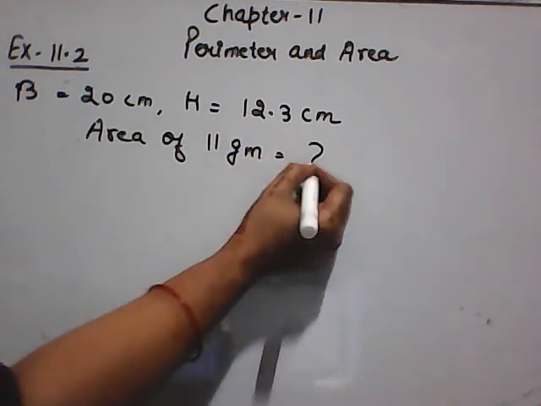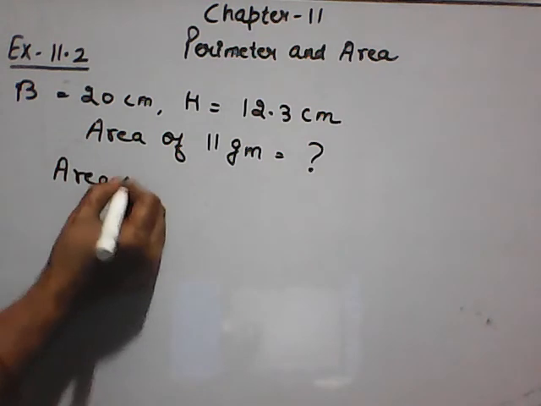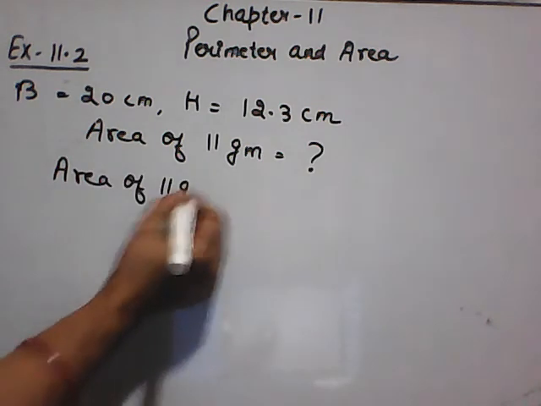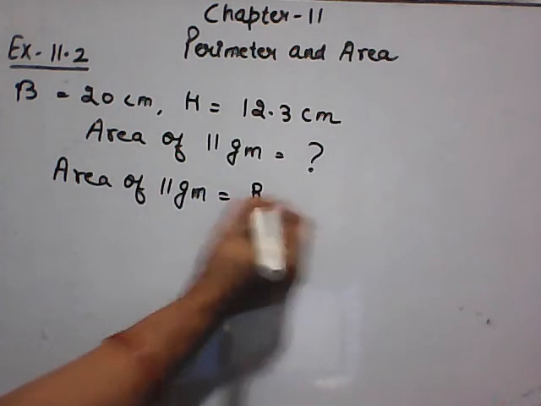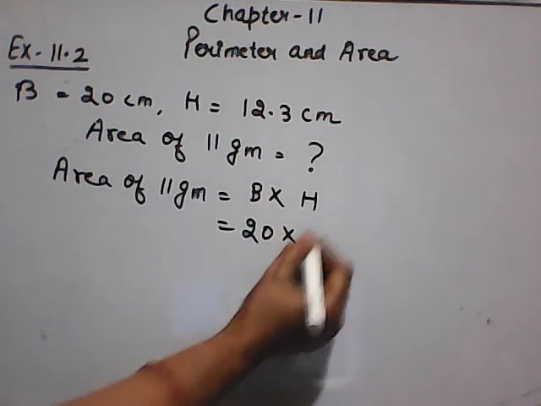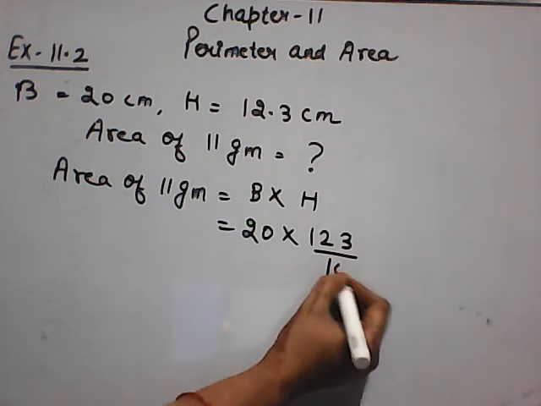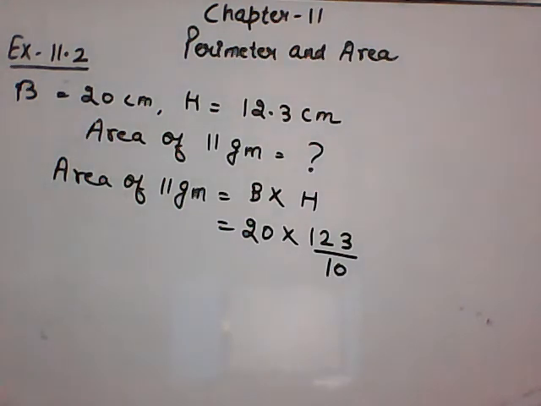Now we know that we can find out the area of parallelogram by using the formula, that is equal to base multiplied by height. Base is given to you 20, height is given to you 12.3. 12.3 we can write as 123 divided by 10.